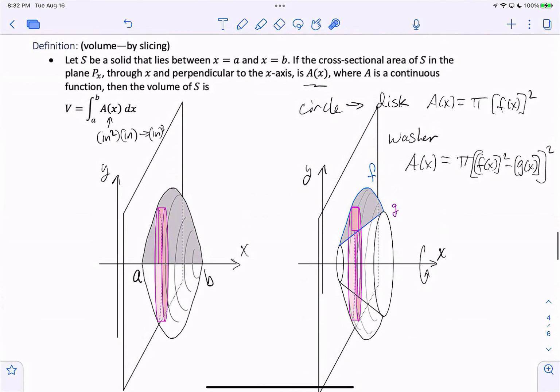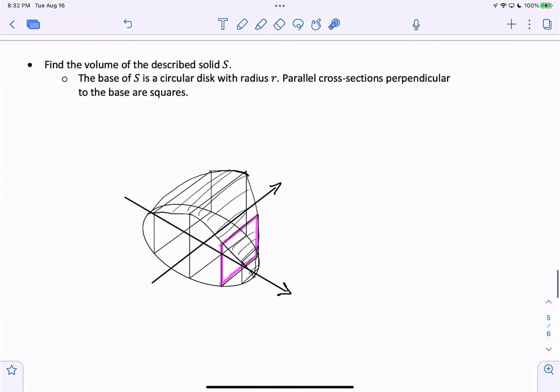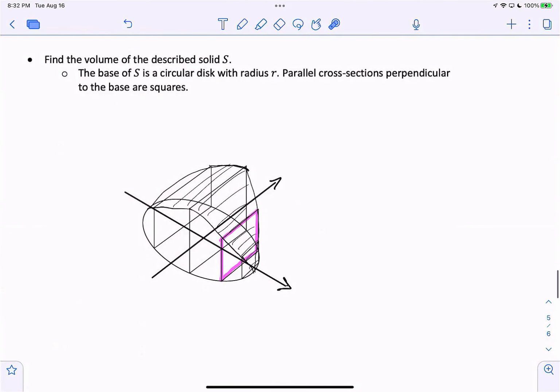The plane is supposed to be through x and perpendicular to the x-axis. And so if I've got a plane that's slicing this square out of this shape, then that makes this the x-axis, and this is the y-axis. Then I have here a point on the circle. It's got coordinates x, y.